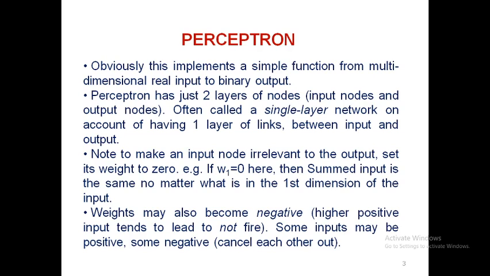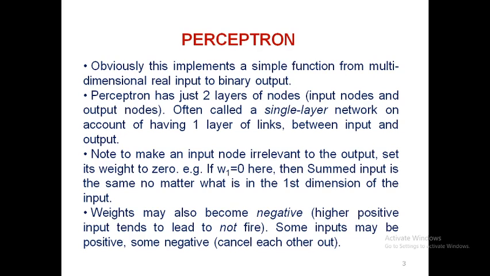That input is also a vector, right? You may have multiple inputs. Each input neuron is connected with all the output neurons. Based on the output neuron's threshold value, the corresponding output neuron may or may not fire.